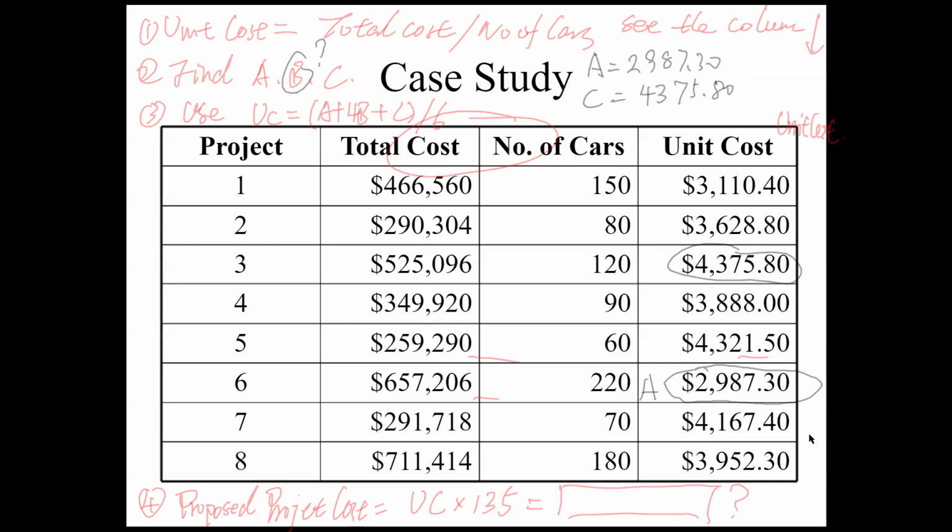You need to add those numbers together and divide by 8 because we have 8 projects, right? Does that make sense? So what number do you have for this one? First you can put in a total over here. Let me clean those.